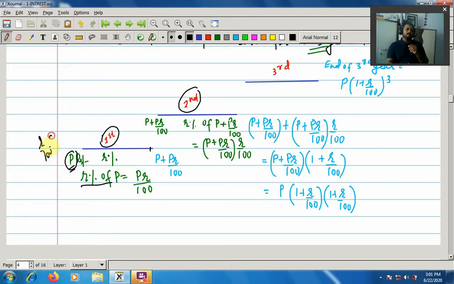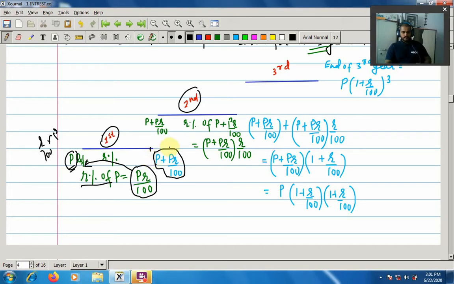So just calculate it. R upon 100 into P. So PR upon 100. What is this? This is extra money which I have to add to my original sum, principal sum. So I have done P plus PR upon 100. So at the end of first year, I have P plus PR upon 100 in my account.